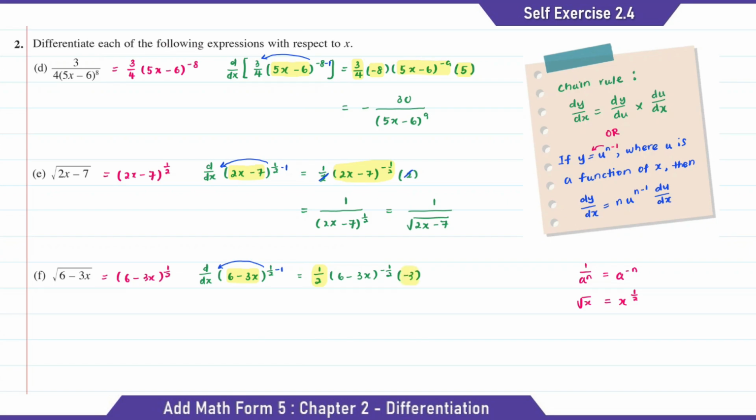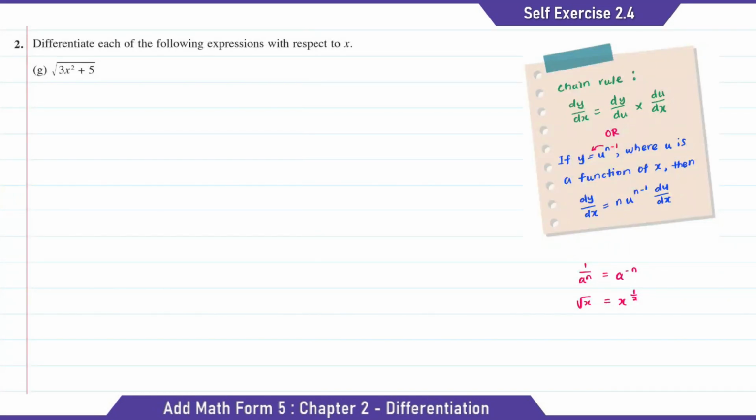Multiply 1 over 2 with the negative 3, which is equal to negative 3 over 2, bracket 6 minus 3x to the power of negative 1 over 2. Then write this power in positive form. This is equal to negative 3 over 2 bracket 6 minus 3x to the power of 1 over 2, which is equal to negative 3 over 2 square root 6 minus 3x.